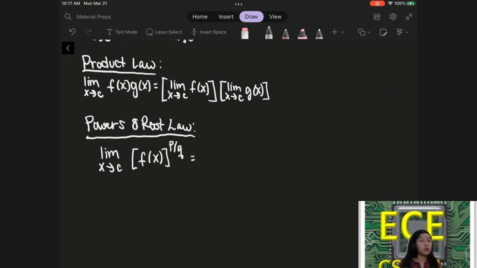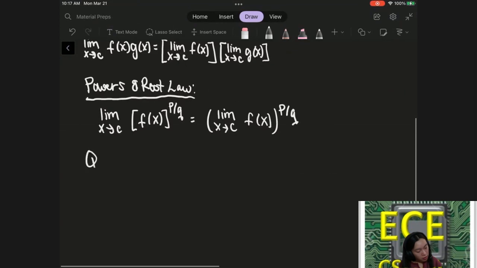And so, you can rewrite this as the limit as x approaches c, oops, that's supposed to be an arrow, of f of x, and the exponent can be applied after the limit is taken.